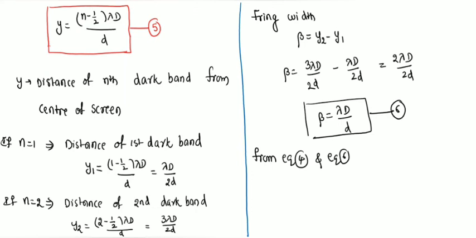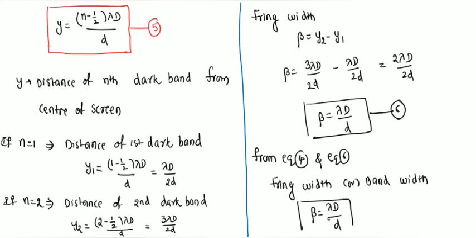The final formula for the fringe width, or the bandwidth, is beta equal to lambda capital D by small d.